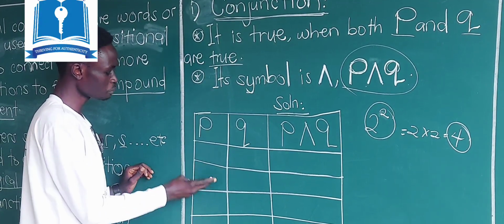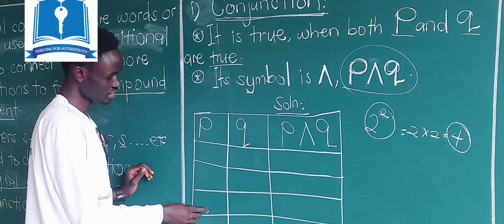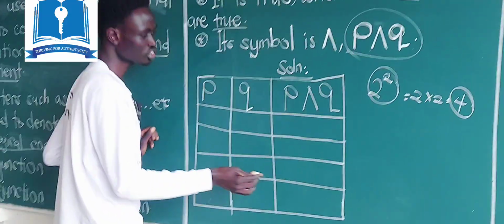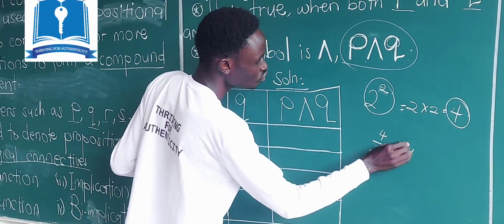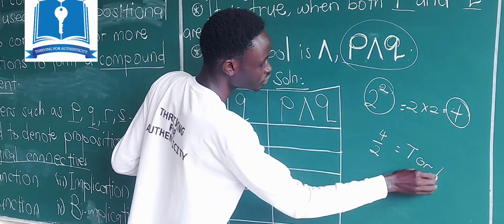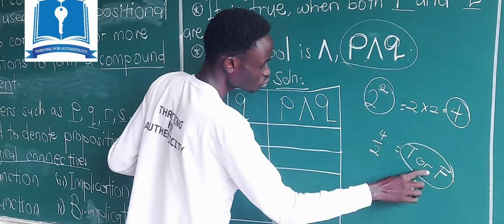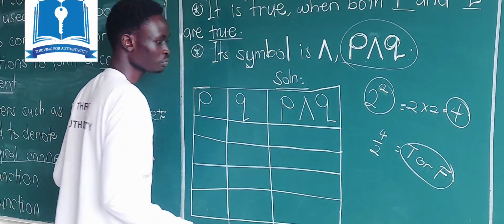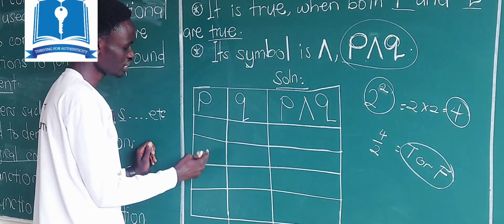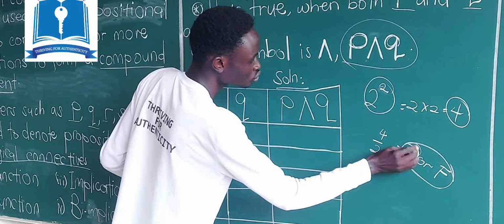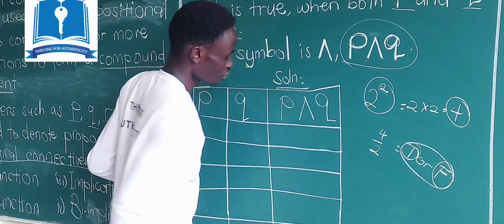These 4 rows, you need to divide by 2. The reason you are dividing by 2 is because we have true or false, which are the two truth values. So the first half will take true, then the second half will take false.